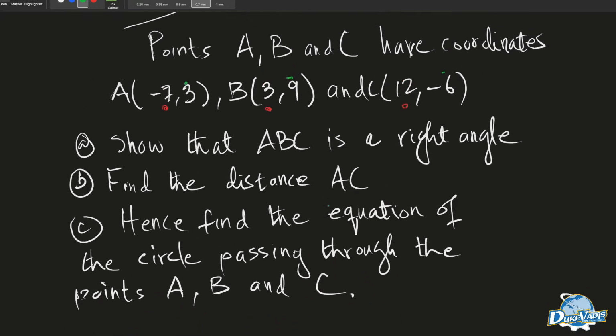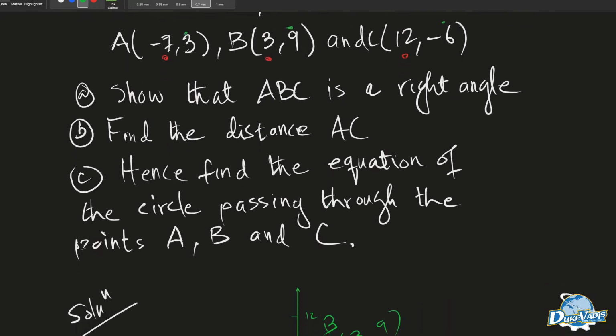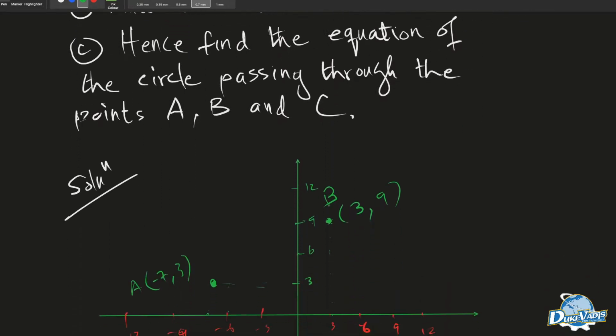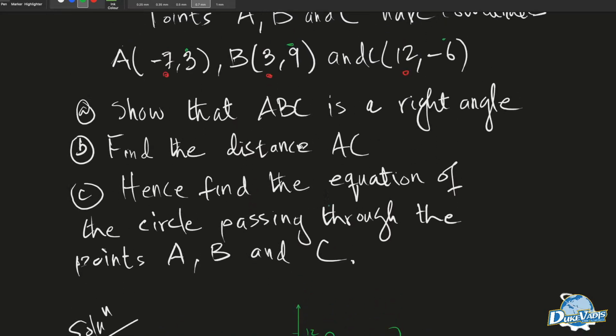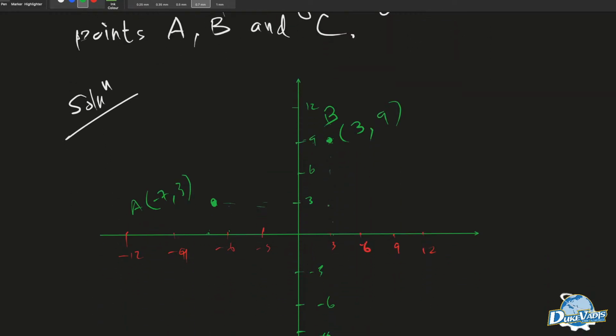The last one is +12 on x and -6 on y, so +12 here and -6. So friends, this is C, (12, -6). Now if we look at this, we can draw lines around it.